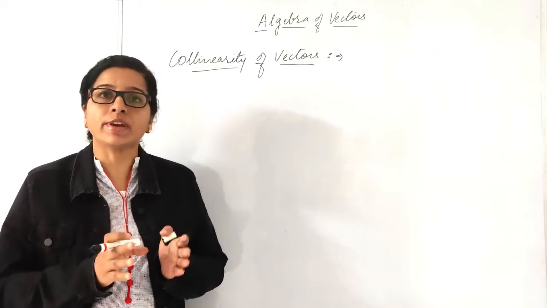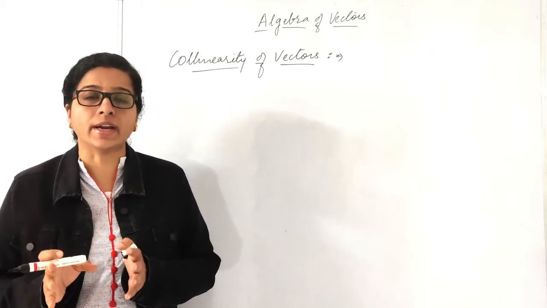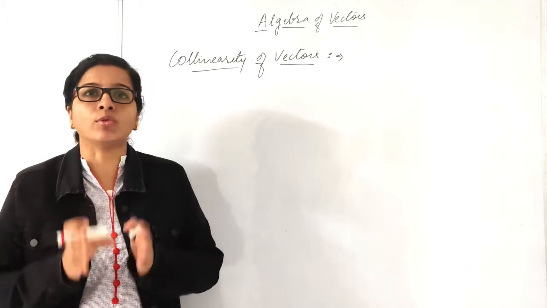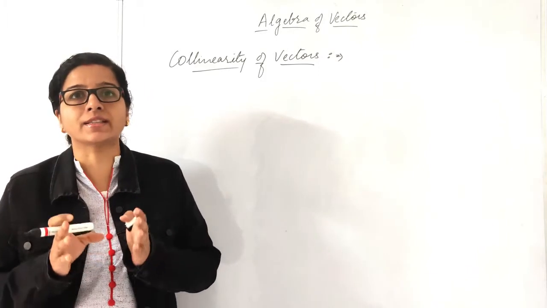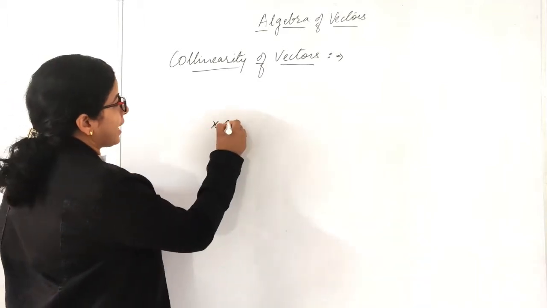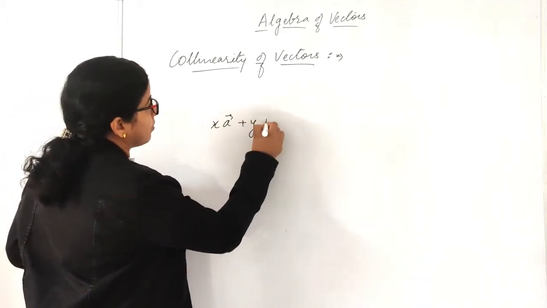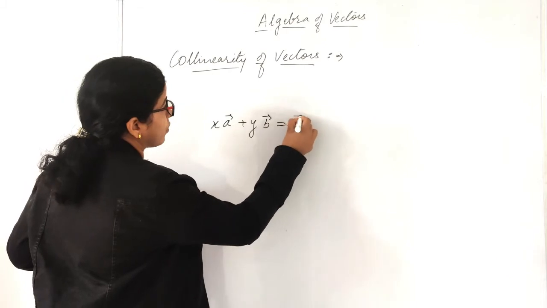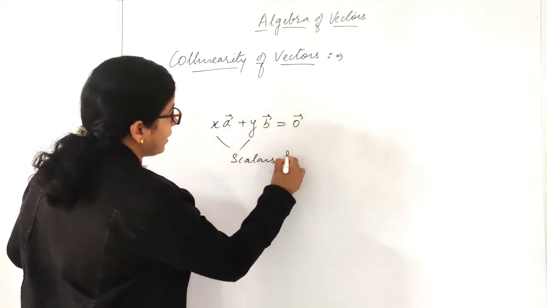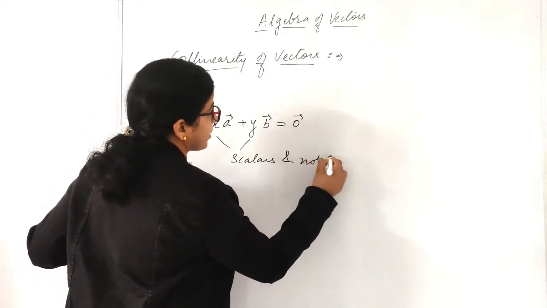Now let us check one general criterion on the basis of the collinearity of vectors. If we have two non-zero vectors A and B, they can be collinear if and only if there exist scalars x and y such that x A vector plus y B vector equals the 0 vector, where x and y are scalars and not both of them are 0.